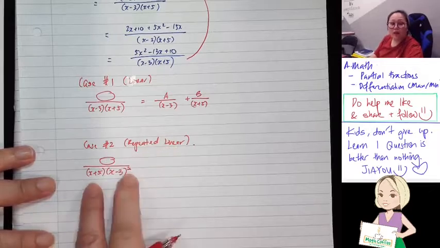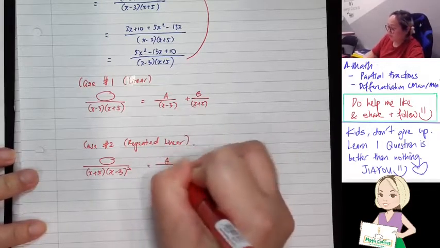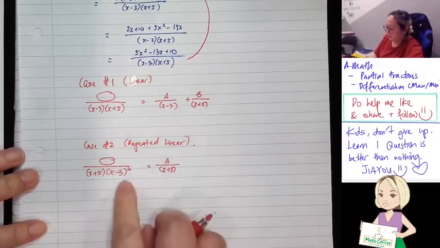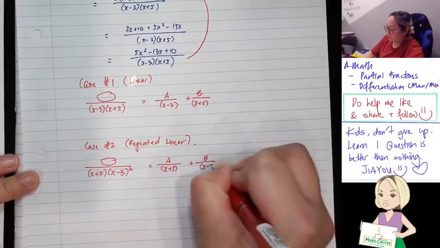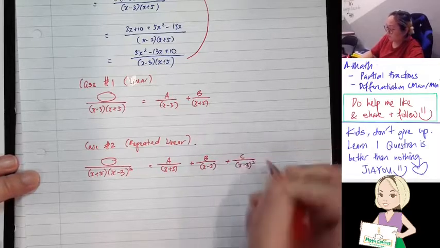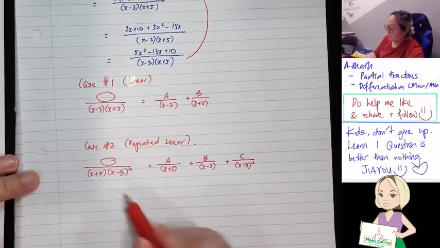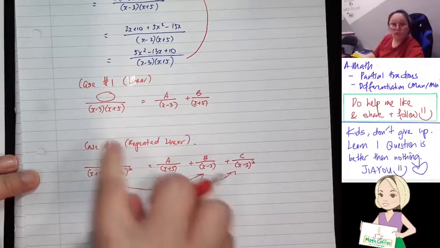So for this, I will have 3 fractions. The x plus 5 will give birth to A over x plus 5, and this one will give birth to 2: B over x minus 3 to the power of 1 plus C over x minus 3 to the power of 2. So this is case number 2.